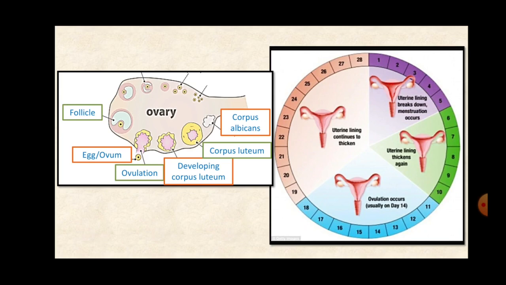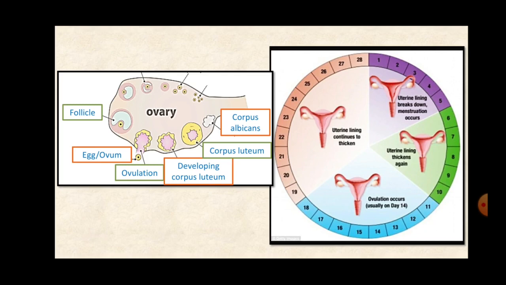The last thing I will tell: if the ova is fertilized, students, obviously the endometrium will continue to thicken. The ova, after fertilization with the sperm, forms the zygote and then the embryo is formed.